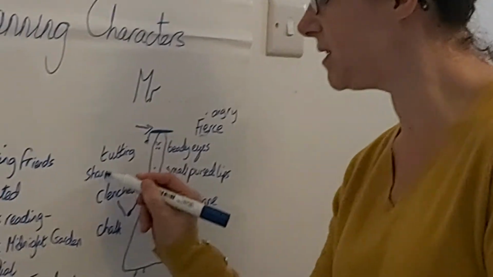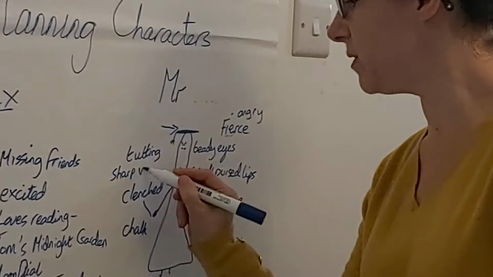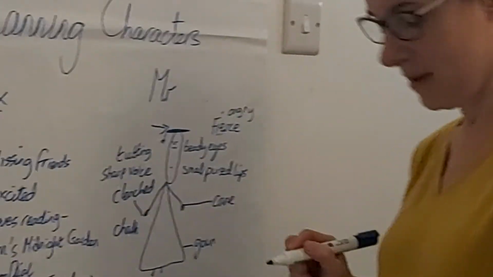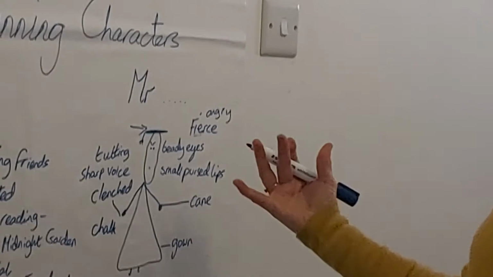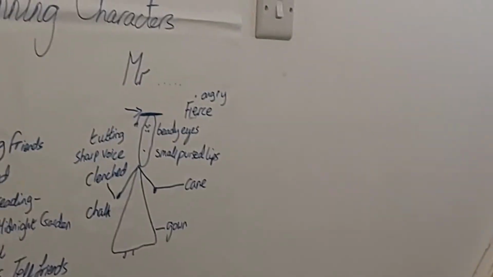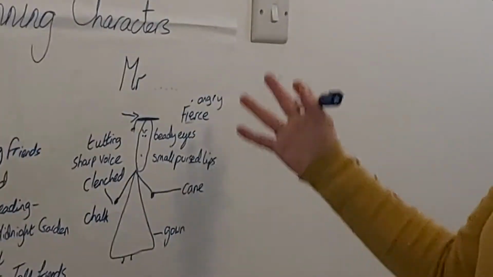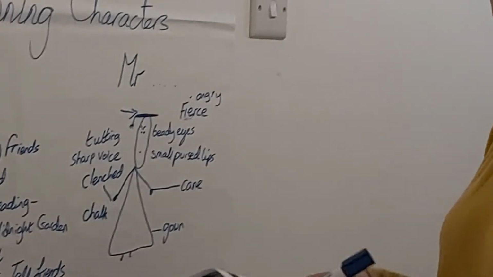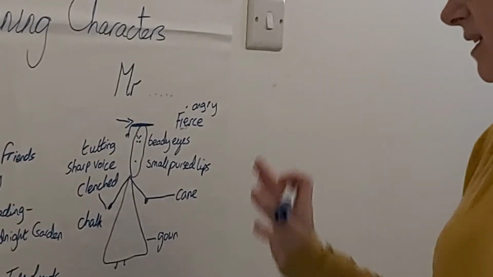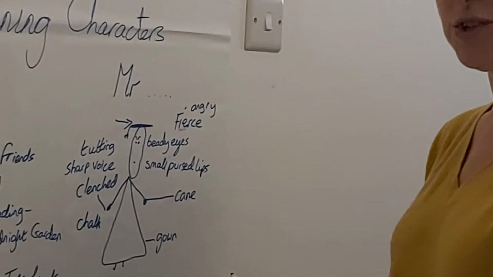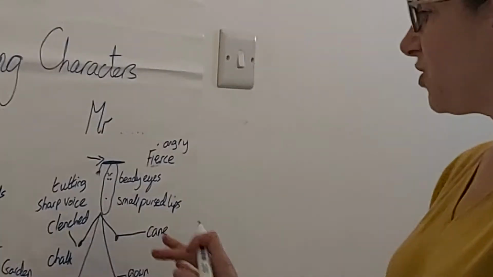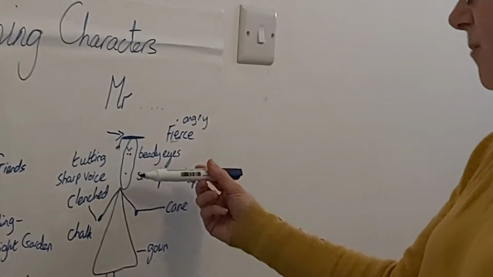So we think about what's his voice like. Sharp voice. Okay, so really thinking, how am I showing what he's like? So lots and lots of description of your nasty character. If it's an alien or a robot or whatever it is, lots and lots of description to show not just what he looks like, but actually how he behaves and what he's thinking.